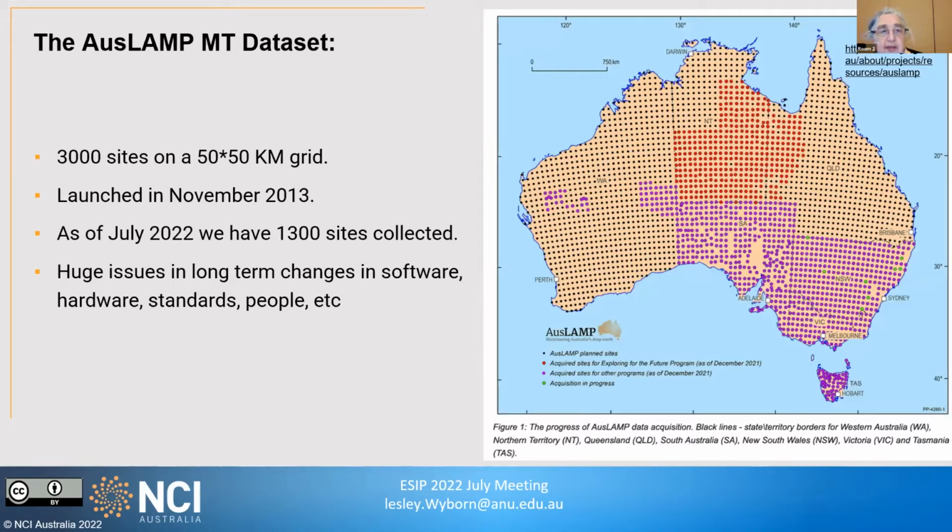Okay, so dealing with my favourite data set, the AusLAMP MT data set, it's proposed to have 3,000 sites collected on a 50 by 50 km grid, started in 2013, and how many years later? 8 years, we've got 1,300 sites collected, so we're not even halfway. We've got huge issues in long-term changes in software, hardware, standards and people.